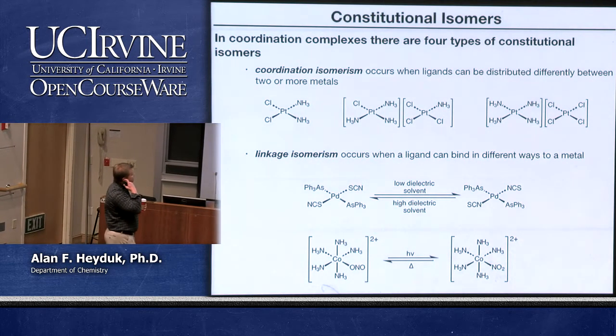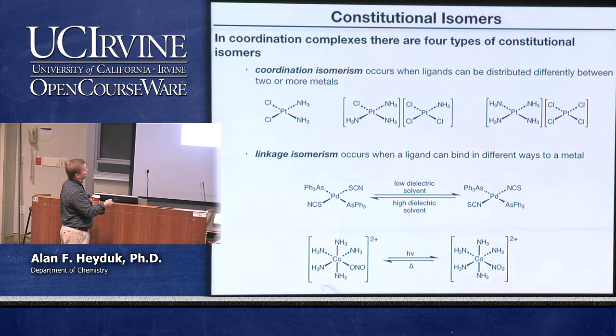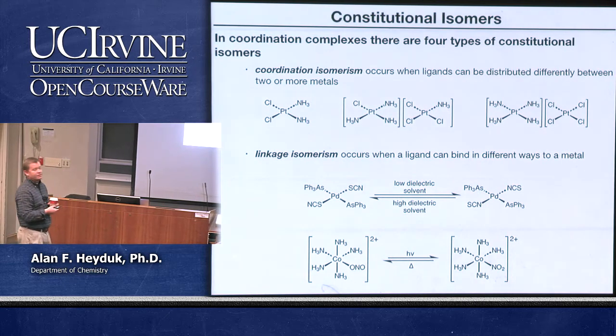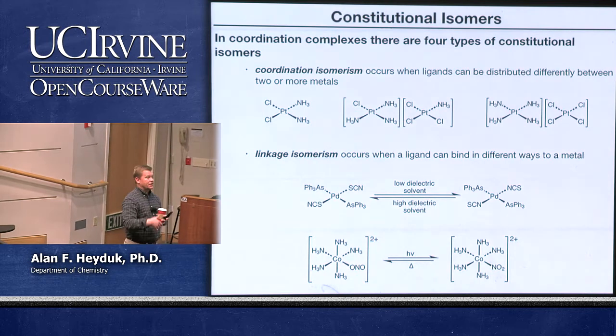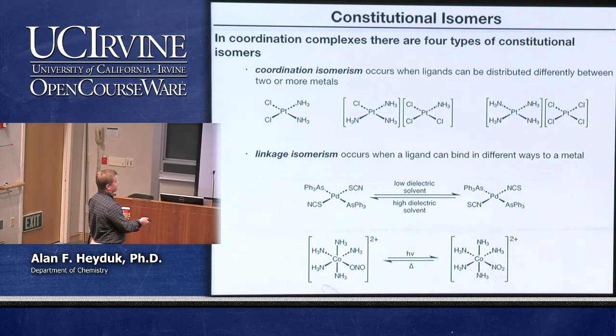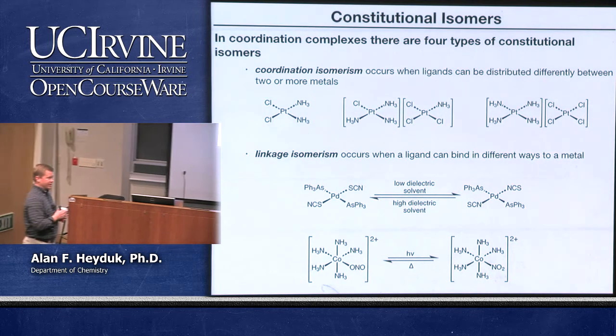Here's another example. Octahedral cobalt complex with this NO2 ligand. The ground state, the lowest energy conformation, is for it to be oxygen bound to the cobalt, but this complex will absorb a photon of light, and when it absorbs a photon of light, it goes to an excited state, and that NO2 tumbles and becomes a nitrogen bound ligand to the cobalt center.